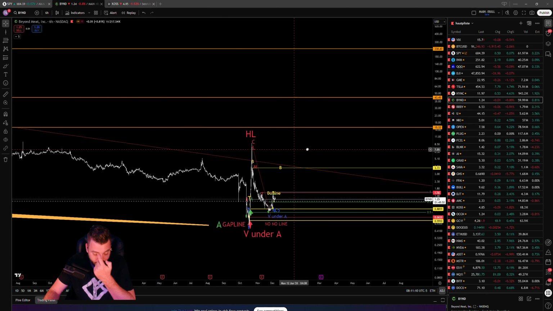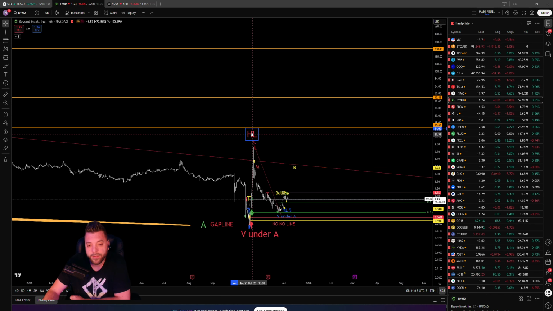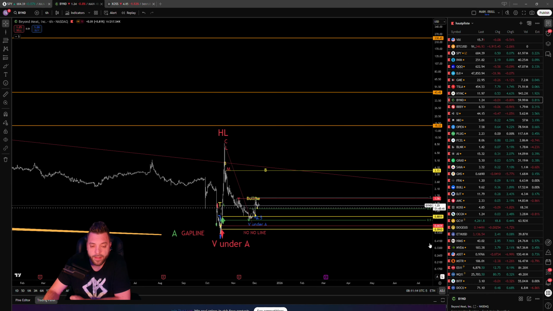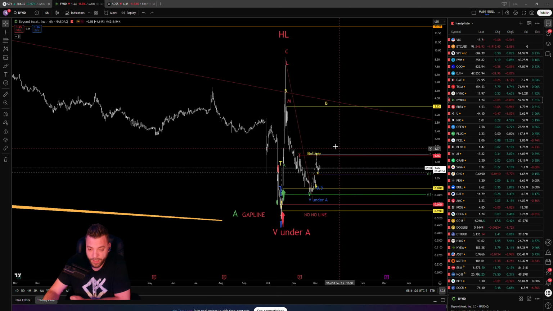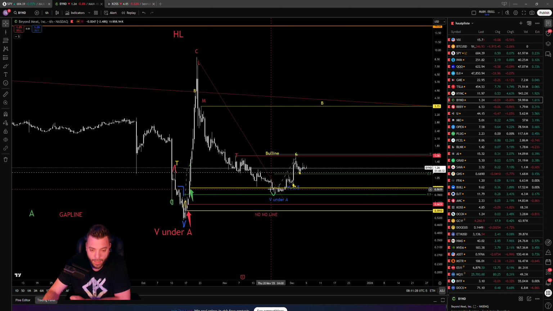I'm always saying this: sell into momentum and leave some runners, just in case. But even if we're doing only 15, that would still be a 1100% run. Just saying. It was the same like here. I showed this could be perfectly our V under A, and we will get a little run here.